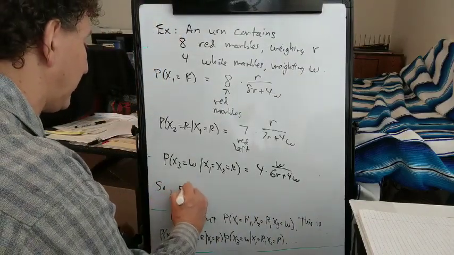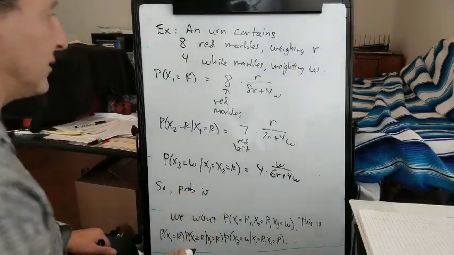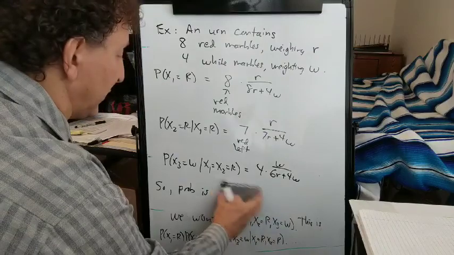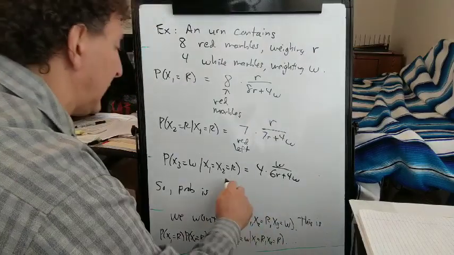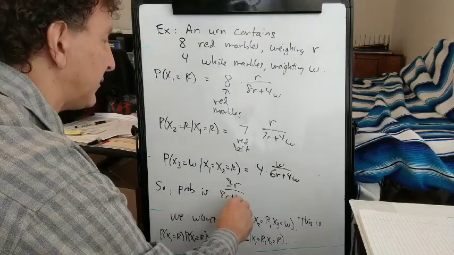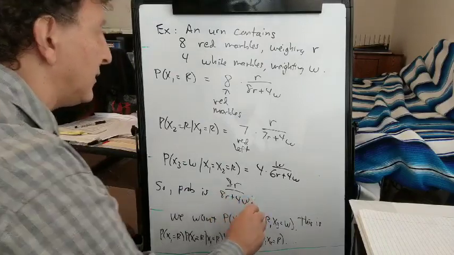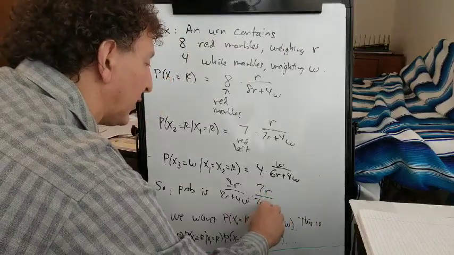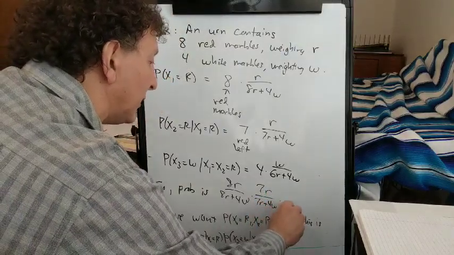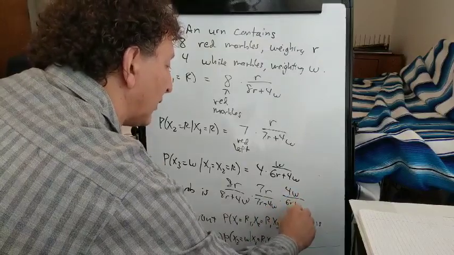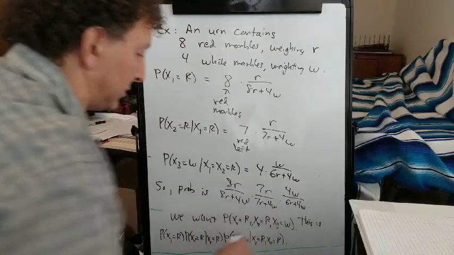So that means that the probability is the product of these. I'll write them as just 3 fractions. So 8r over 8r plus 4w times 7r over 7r plus 4w times 4w over 6r plus 4w.